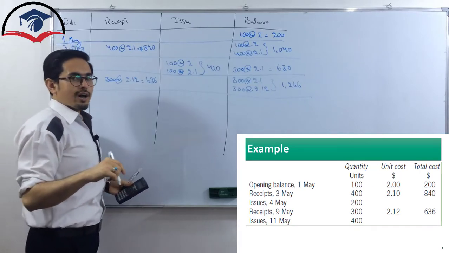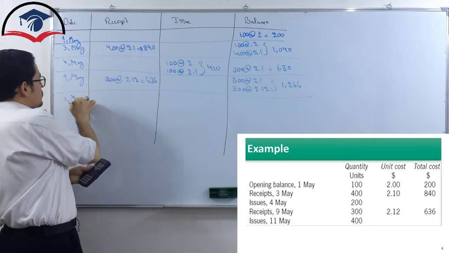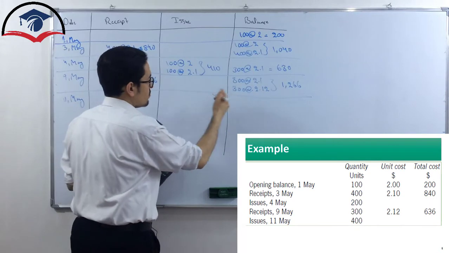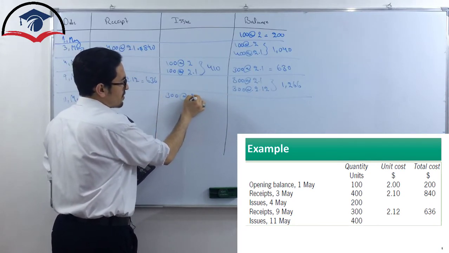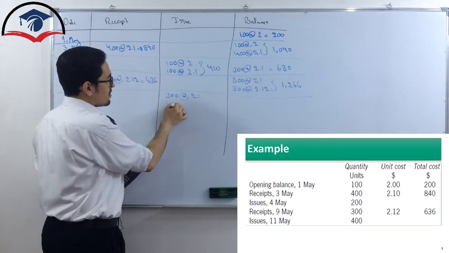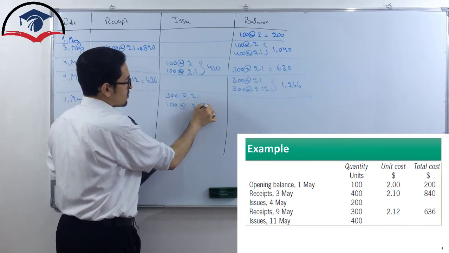The issue at 11th May, there are some issue at 11th May of about 400 units. The 300 units will go out at the rate of 2.1, first in, first out, and the remaining 100 units will issue at the rate of 2.12.